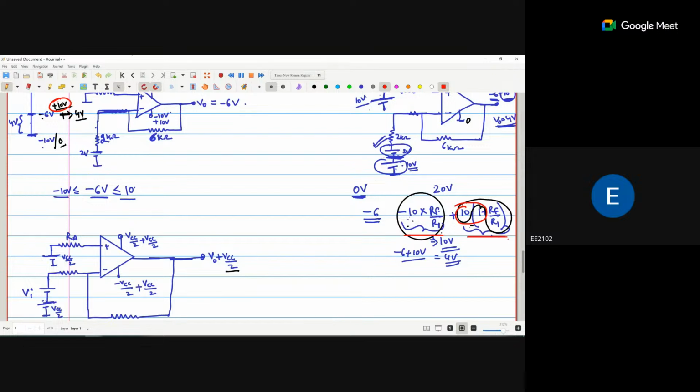Now, if we get the output voltage at VCC in place of VCC by 2, we apply a battery of VCC by 2 with the opposite polarity. So I am getting V out here.